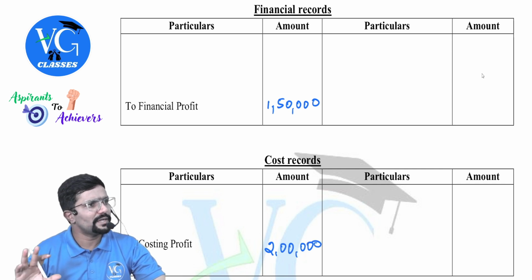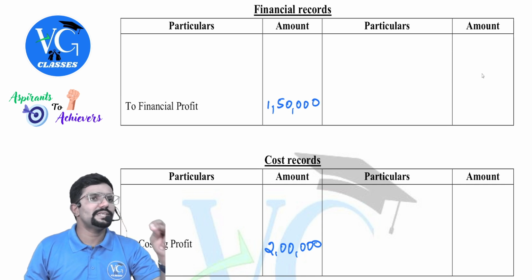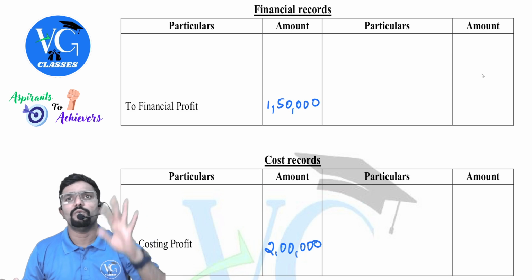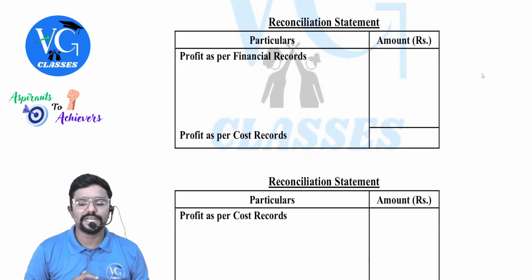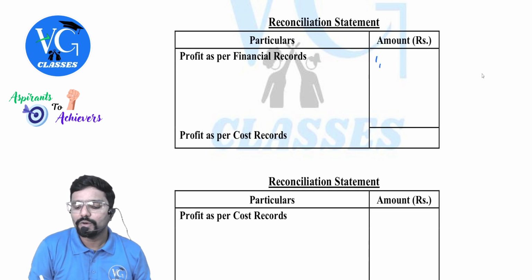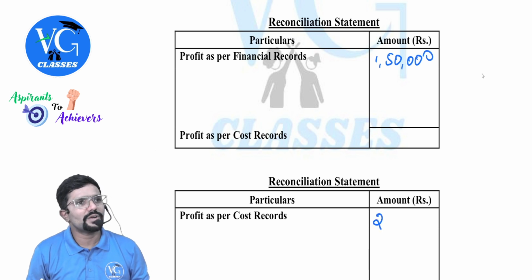There are a number of items for which there is a difference. Now we will see item by item, one by one. If I am starting with financial profit, it is 1,50,000. If I am starting with costing profit, it is 2 lakh.